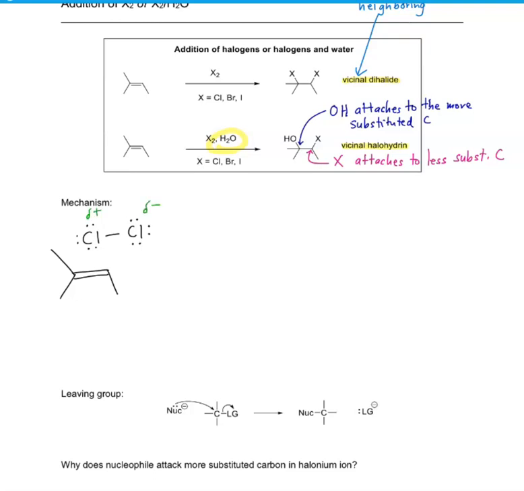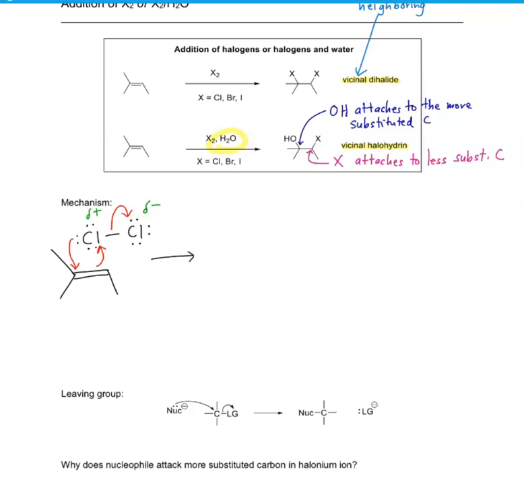So now one of the chlorines, the one that's closer, has a partial positive charge, the other has partial negative. And so what happens at this instant is that the alkene pi electrons form a bond to the chlorine with a partial positive charge. That's going to cause the bond to break toward the other chlorine. The chlorine that it was attacked originally attacks back.